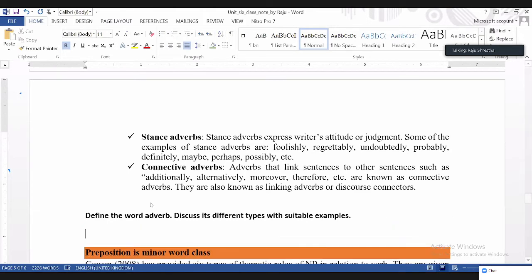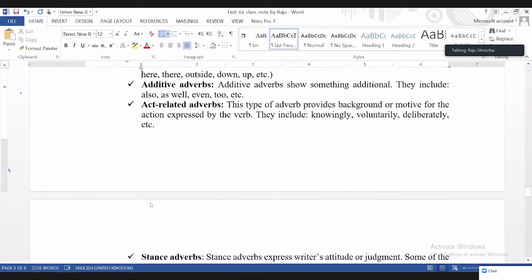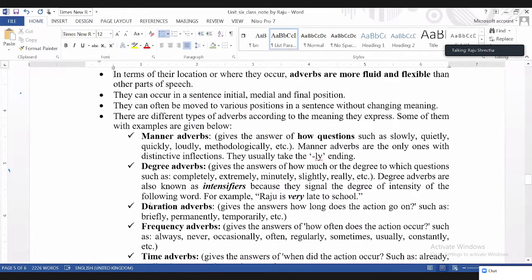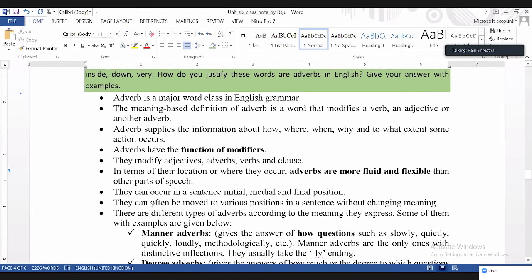So you try. अब यहाँ adverb को definition त हामीलाई थाहा छँदै छ हैन. So adverb is what, modifier हो यो. It modifies the meaning of verbs, adjectives and other adverbs. Adverb को पनि के गर्छ यसले modify गर्छ. So they modify adjectives, they modify adverbs themselves, verbs also and clauses also.